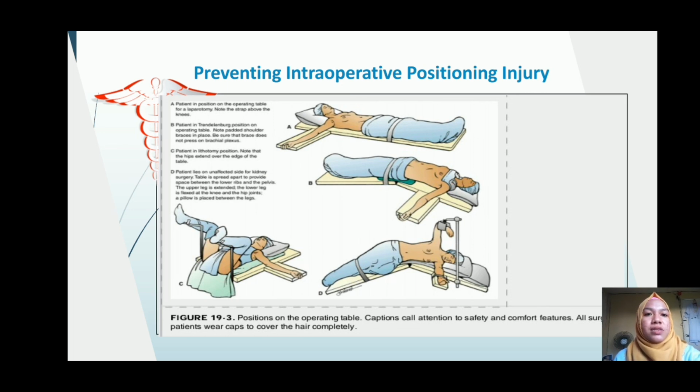Letter B, Trendelenburg position, is for the lower abdomen. Letter C is lithotomy position, which is for perineal and vaginal surgery procedures. And letter D is the lateral position, which is for renal surgery procedures.